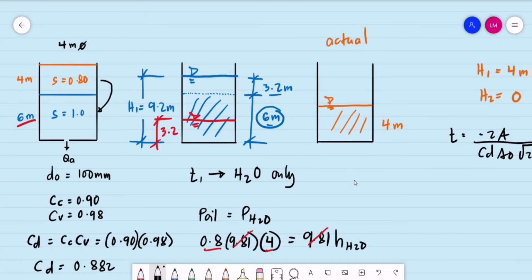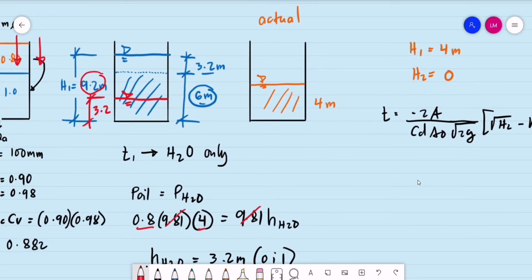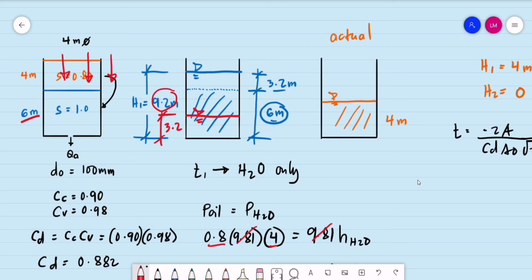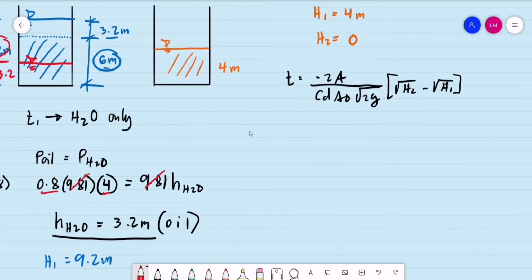Ang ibig sabihin ng additional head, bakit yung total head ng tubig ay 9.2, tinutulak ng oil yung tubig para lumabas siya. Additional pressure yun, yung bigat ng oil, nakakatulong para lumabas yung tubig.